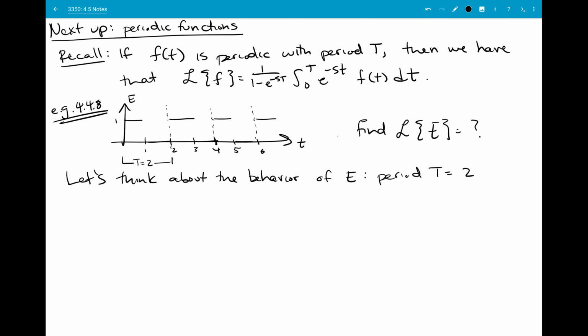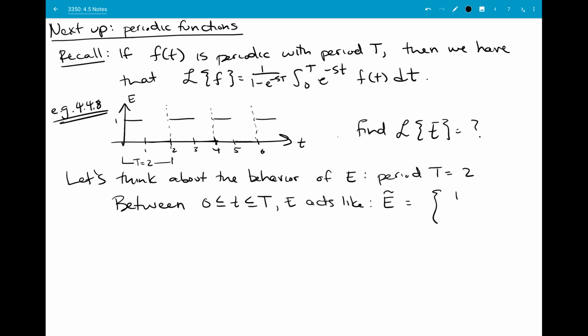The other thing I need is to know how to represent e and its behavior as a function. So between, let's say, 0 less than or equal to t less than or equal to big T, the period, e is going to act like, I'm going to call the function e tilde, just to avoid any confusion.